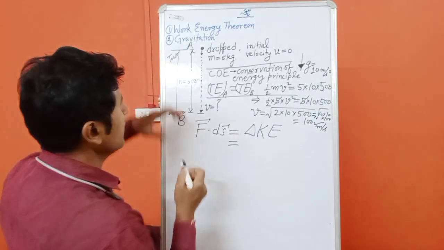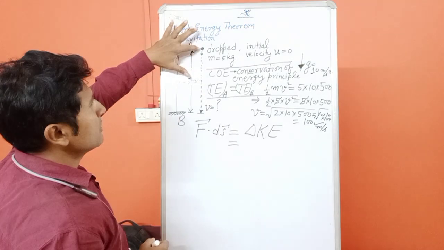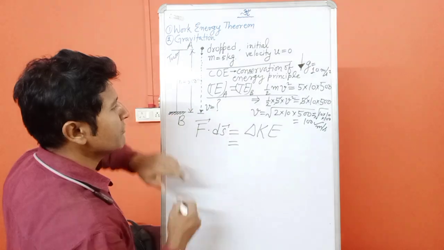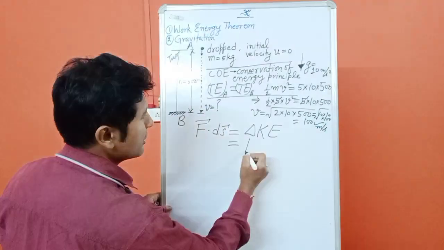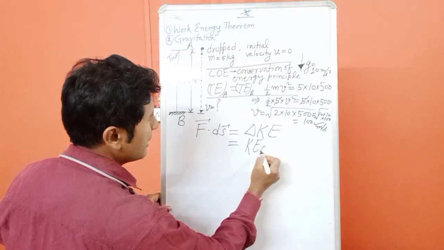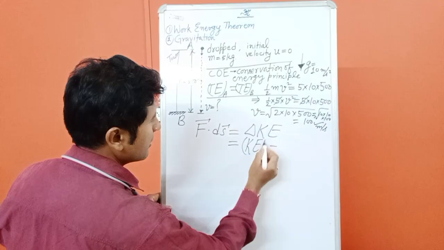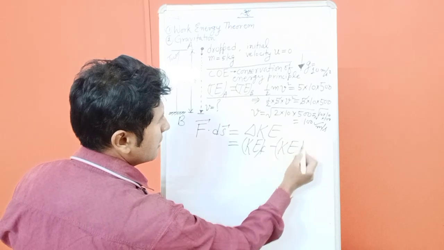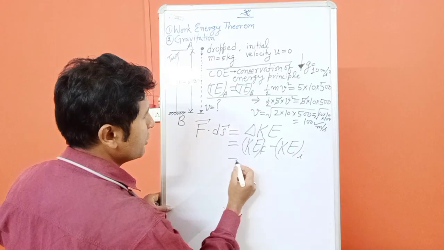Now what is the initial kinetic energy? The initial kinetic energy is 0, right? What is the final kinetic energy? Half mv square. So we can mention it as KE final minus KE initial, right? This one is clear.